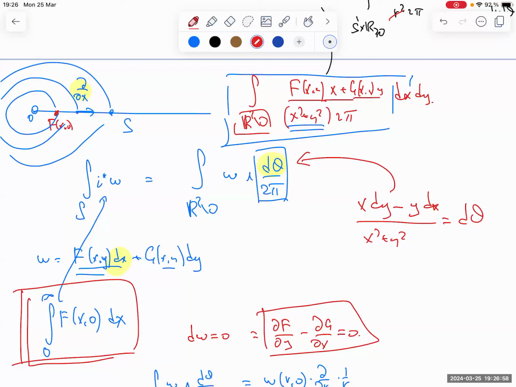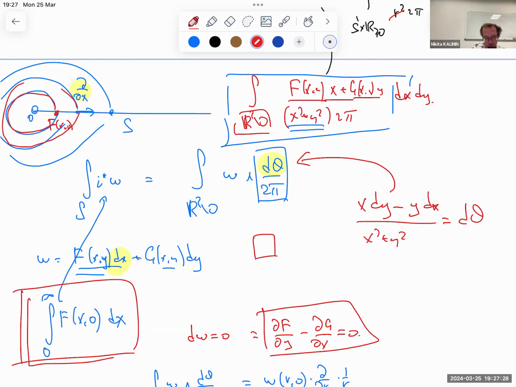Well, we have something from Green's formula. For example, that the integral of omega over any square is 0, right? So because of that, you can integrate omega over any two circles, and understand something about the difference.